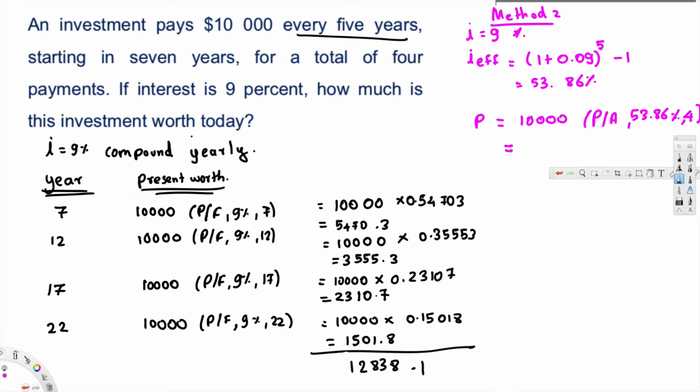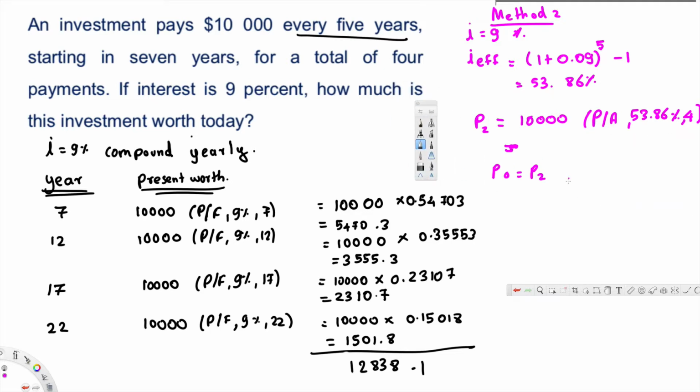If you calculate this one, this is actually P2. Now we are interested in finding P0.